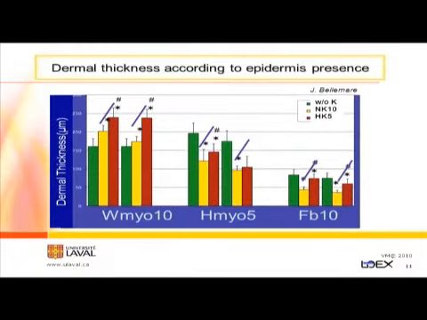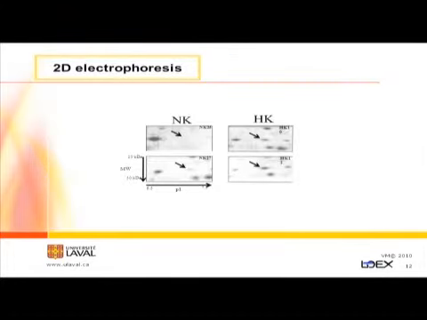Of course, we measured the dermal thickness, and as we can see here, independently of the dermal cells, we obtained a dermis that is thicker when we use hypertrophic scar keratinocytes than when we use normal keratinocytes. We then tried to understand the specificity of the hypertrophic scar keratinocyte secretions.